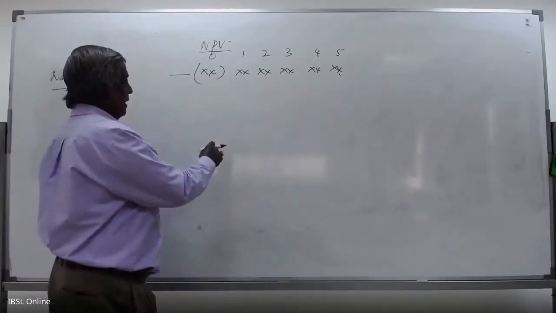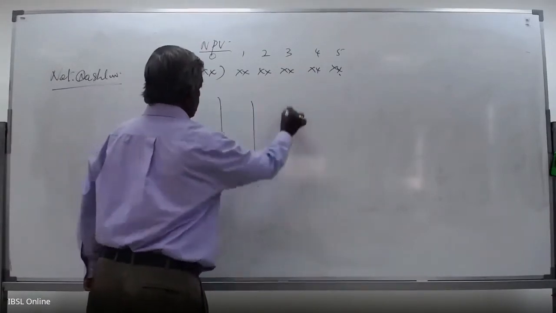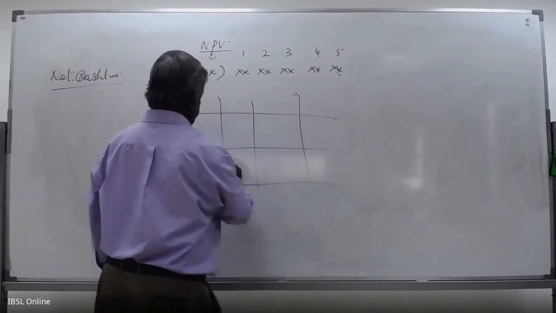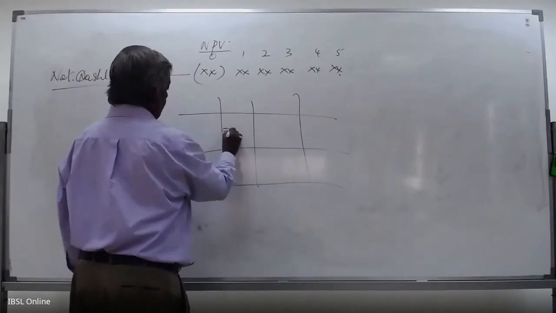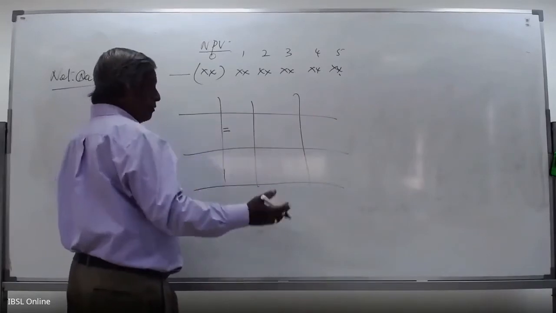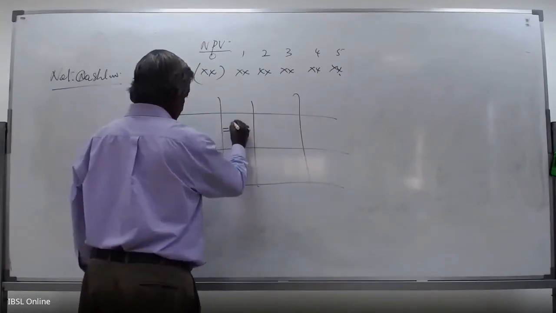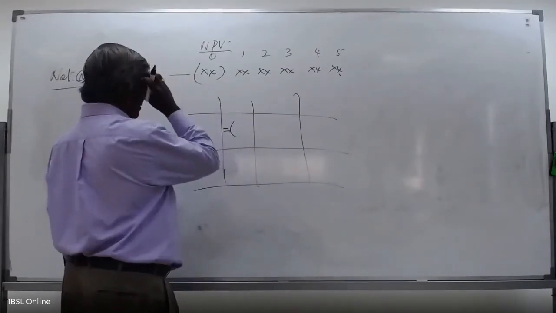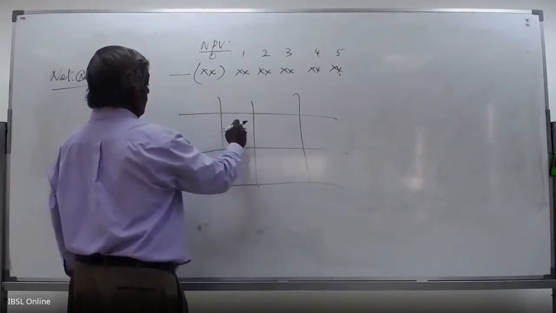Then in the Excel cell, keep the cursor. This is the Excel sheet cell. Keep the cursor and put an equal sign. Then the computer will prompt a bracket for the NPV calculation, and it will ask you for the range.